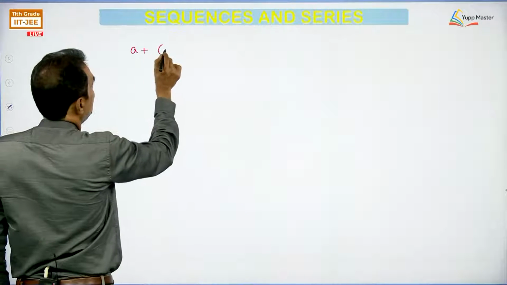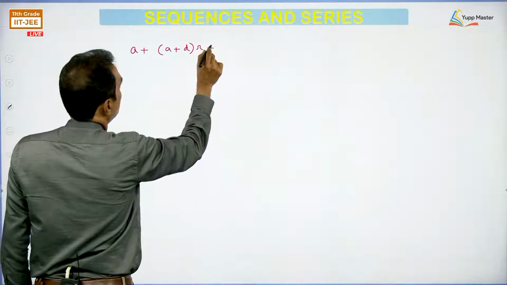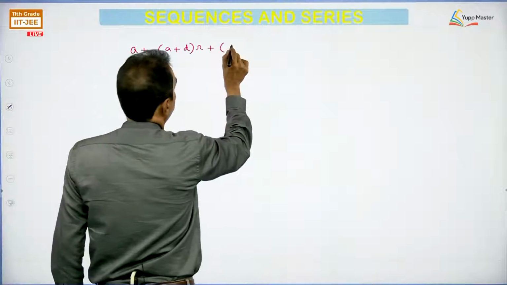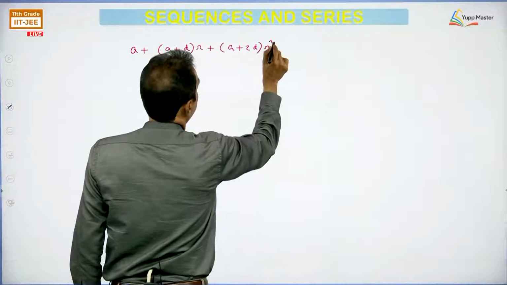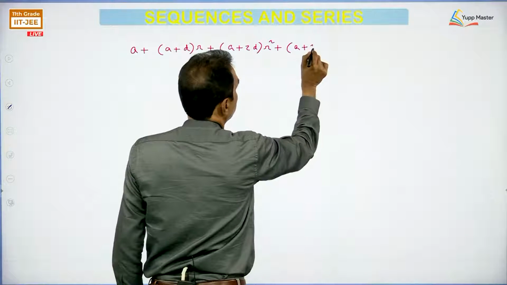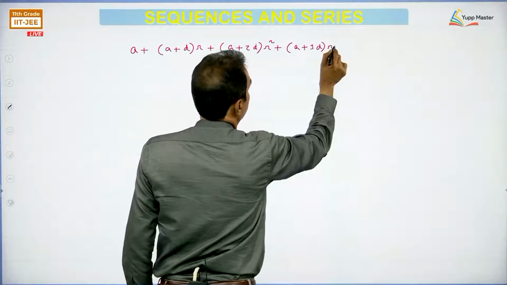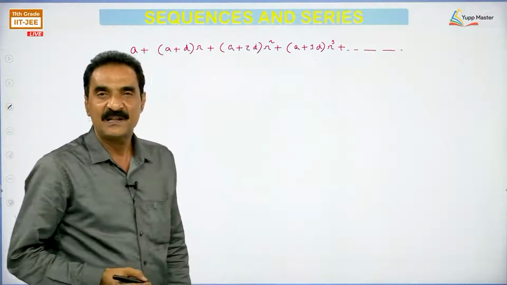The series is A plus D into R plus A plus 2D into R square plus A plus 3D into R cube and so on. You can easily tell the nth term.